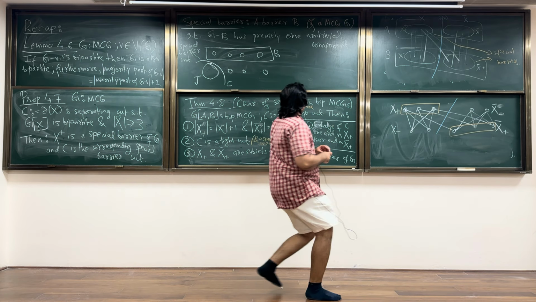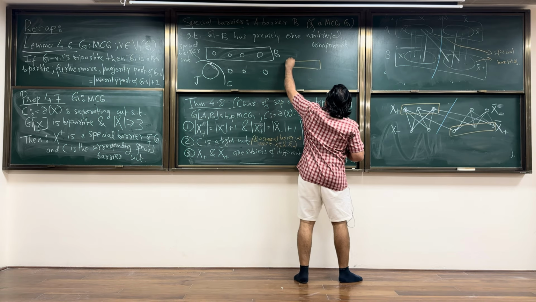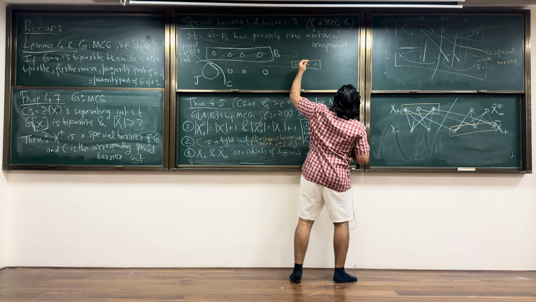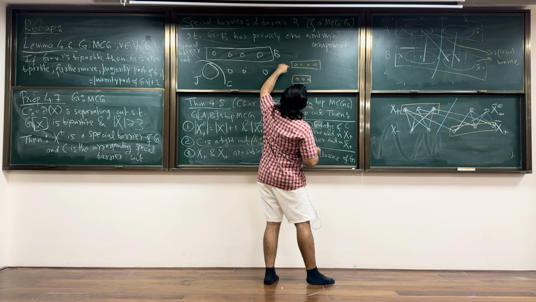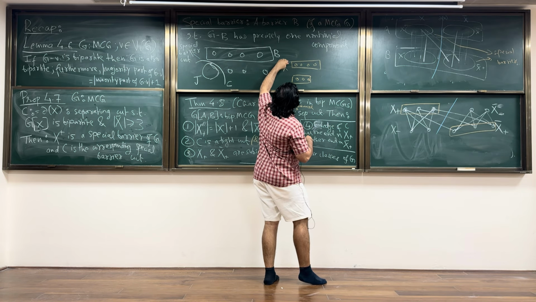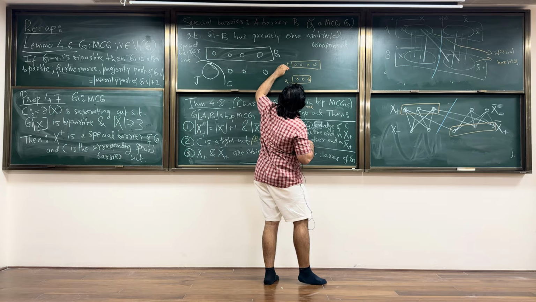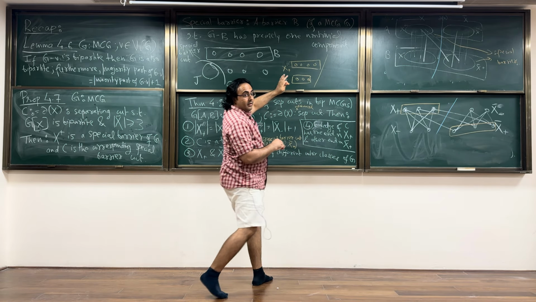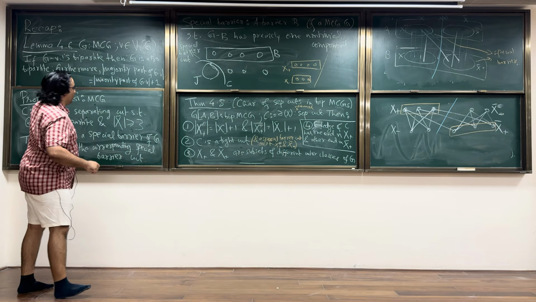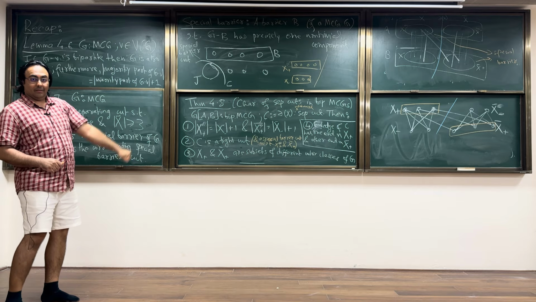So x plus is a special barrier. Let me put 4 vertices, why not? Then I will have 3 isolated vertices. If I apply this proposition to the x side, I get this drawing.